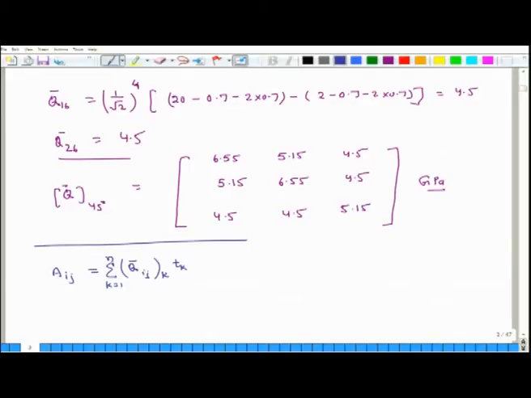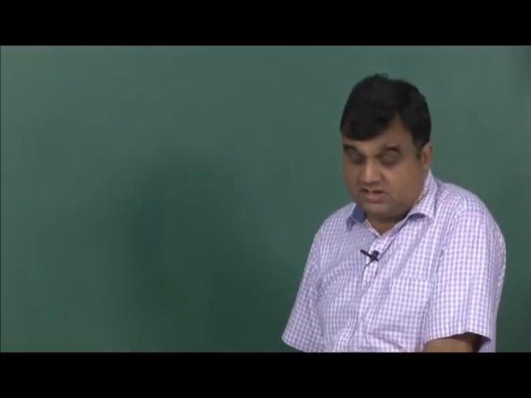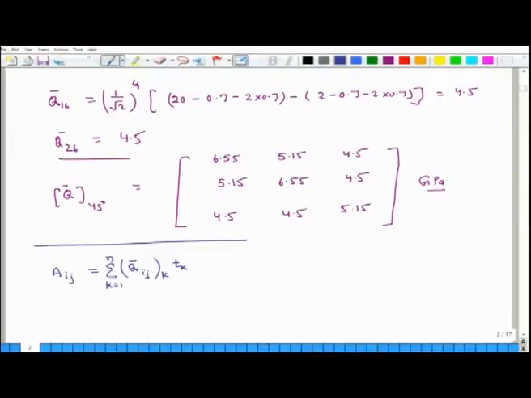It is actually h_k minus h_k minus 1, which is the thickness of the k-th layer. Now, there are only two layers in this problem. So, this is Q ij for the 0 degree layer times the thickness of the 0 degree layer, which is 5 millimeters, plus 3 times Q bar ij for the 45 degree layer.